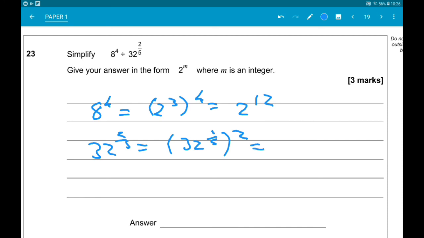Now the 5th root of 32 is 2, so this is 2 squared. So we have 2 to the 12 divided by 2 squared, which is then 2 to the power 10.